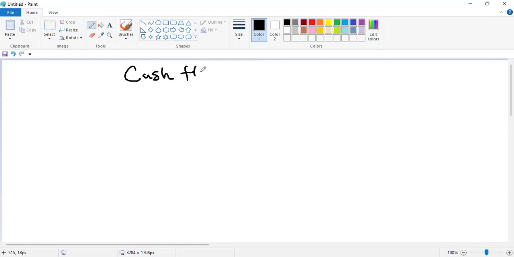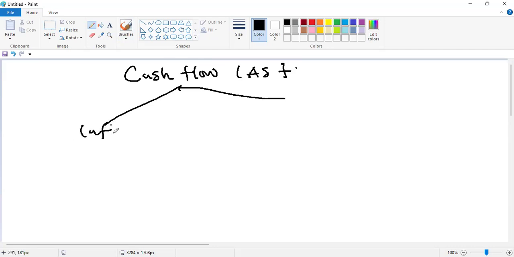Cash flow, so this deals with two things in line with IAS 7: inflow and outflow. So if you ask me to define cash flow, my definition must capture these two things, inflow and outflow.